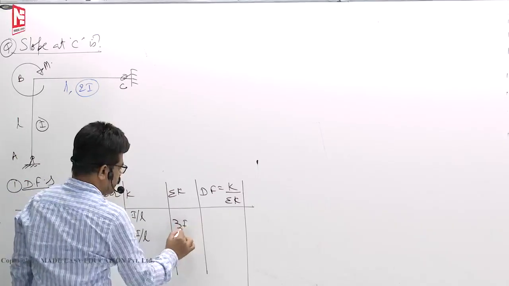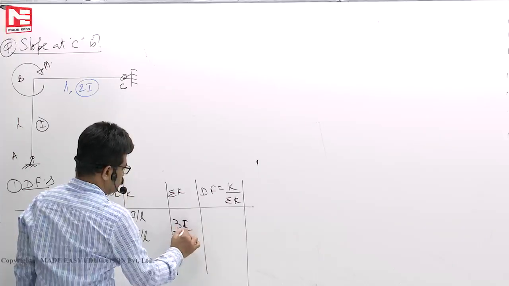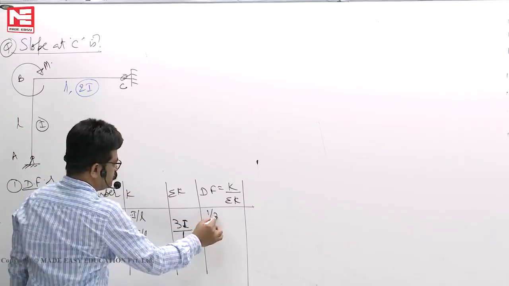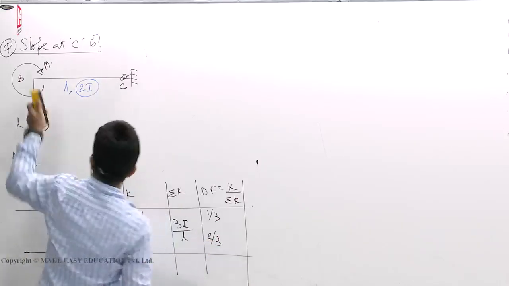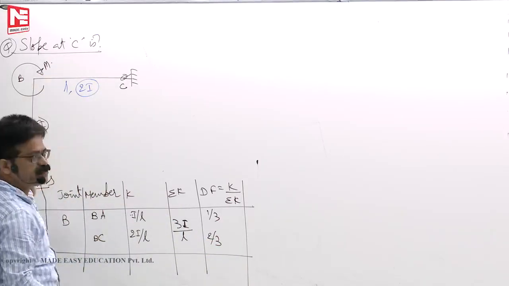I can write 3I by L. So this is 1 by 3 and this is 2 by 3. So BC is 2 by 3 and BA is 1 by 3.